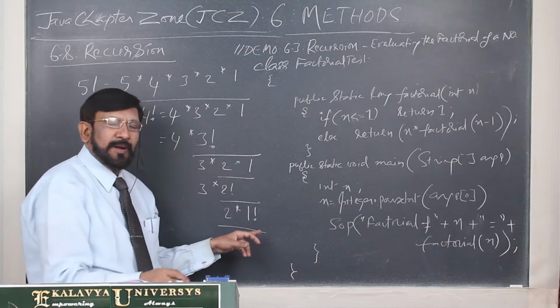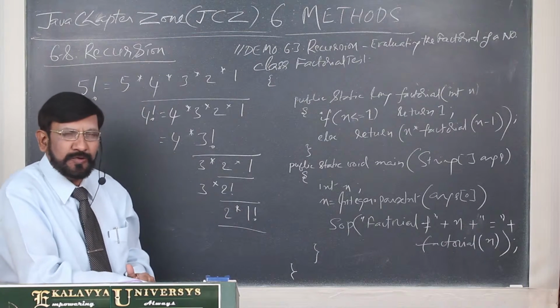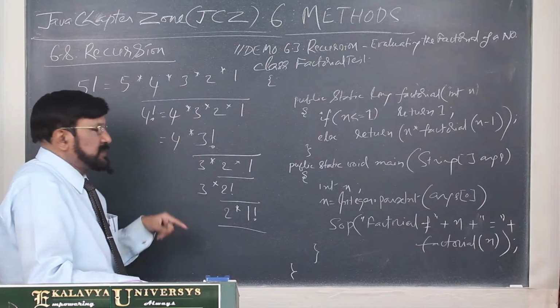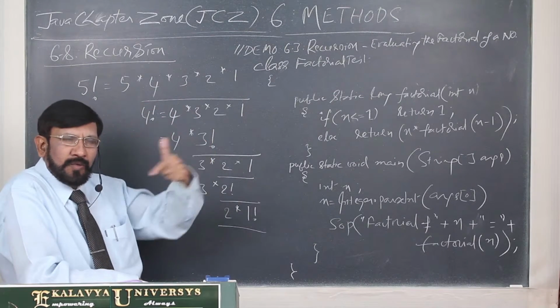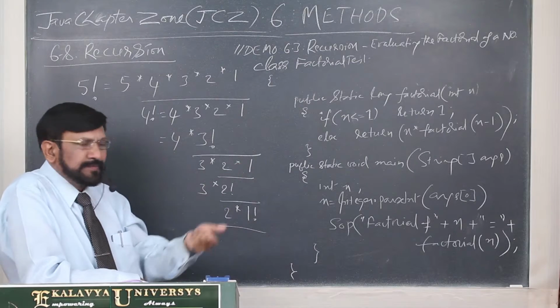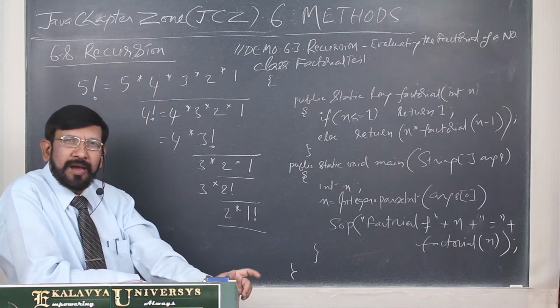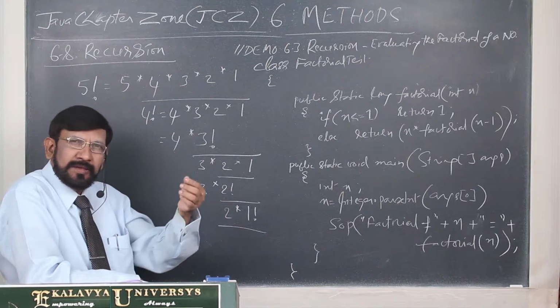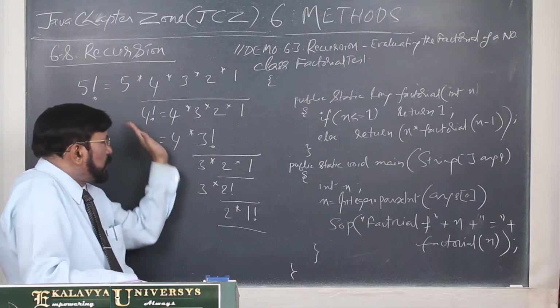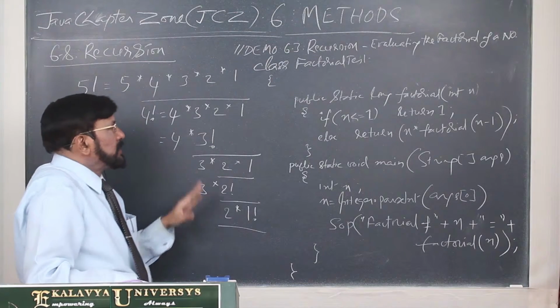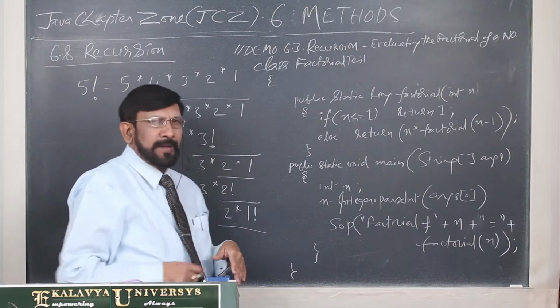In this case, until it comes to 1. 1's factorial is required, and 1's factorial is 1. So the factorial method calls itself until it requires the factorial of 1. But it's not indefinite. Understand? Now let us see it in a program.